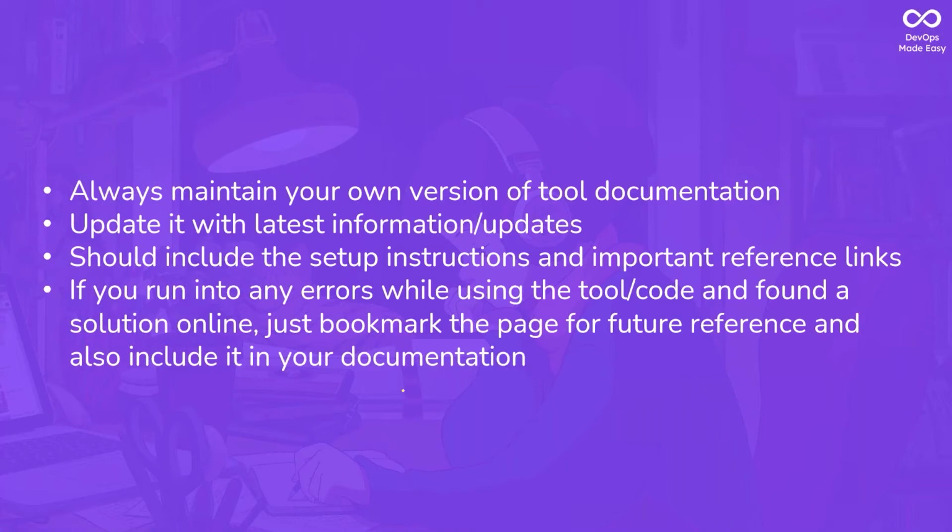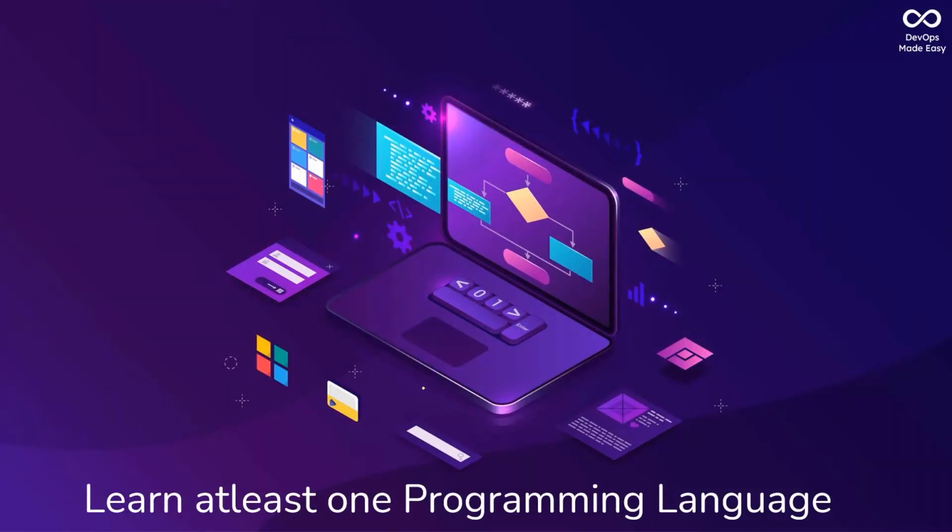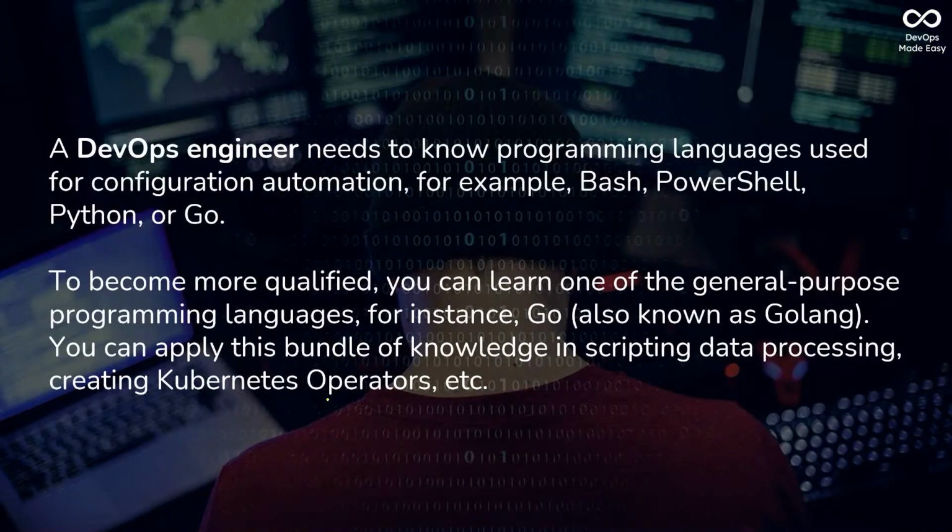Okay, so the next thing is, learn at least one programming language. Why one programming language? A DevOps engineer needs to know at least one programming language, probably for configuration automation or for automation. For example, Bash, PowerShell, Python, or Go.